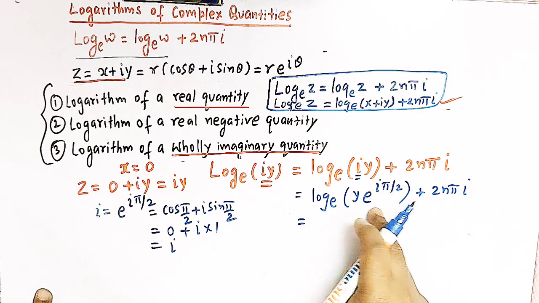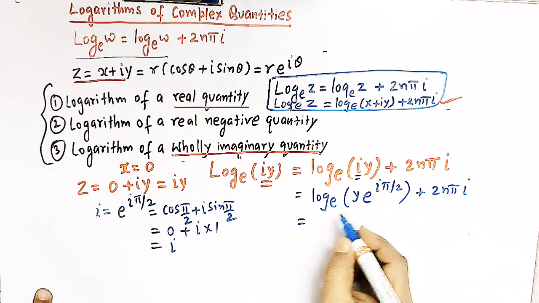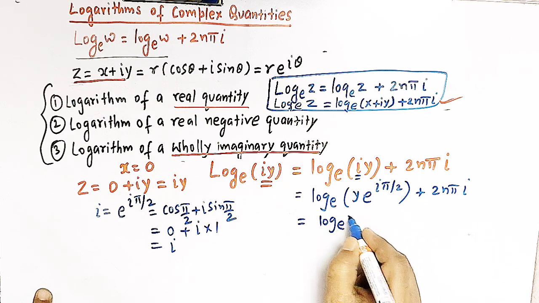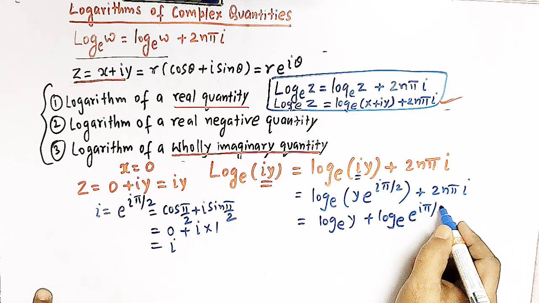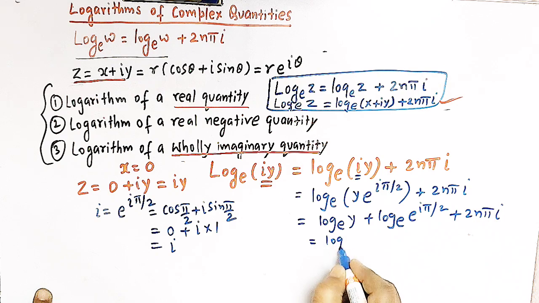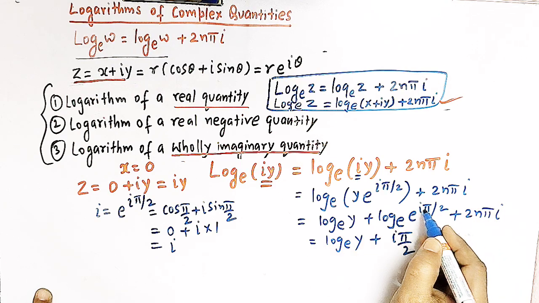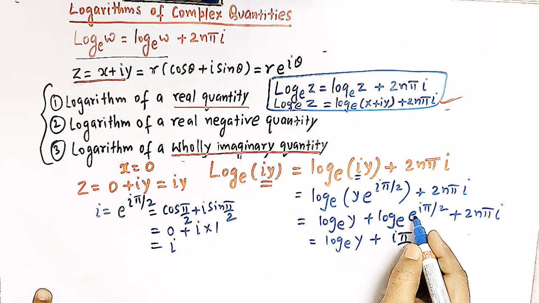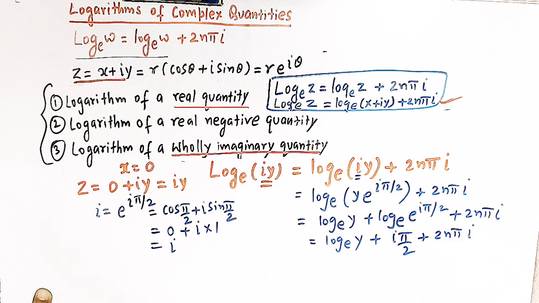Simplifying this expression by using the laws of logarithms, here we can use the product rule. So we have log of y plus log of e raised to I pi by 2, plus 2n pi I. So this is log y, and here we have I pi by 2, taking I pi by 2 in front of the log notation, and log e to the base e is 1, plus 2n pi I, right?